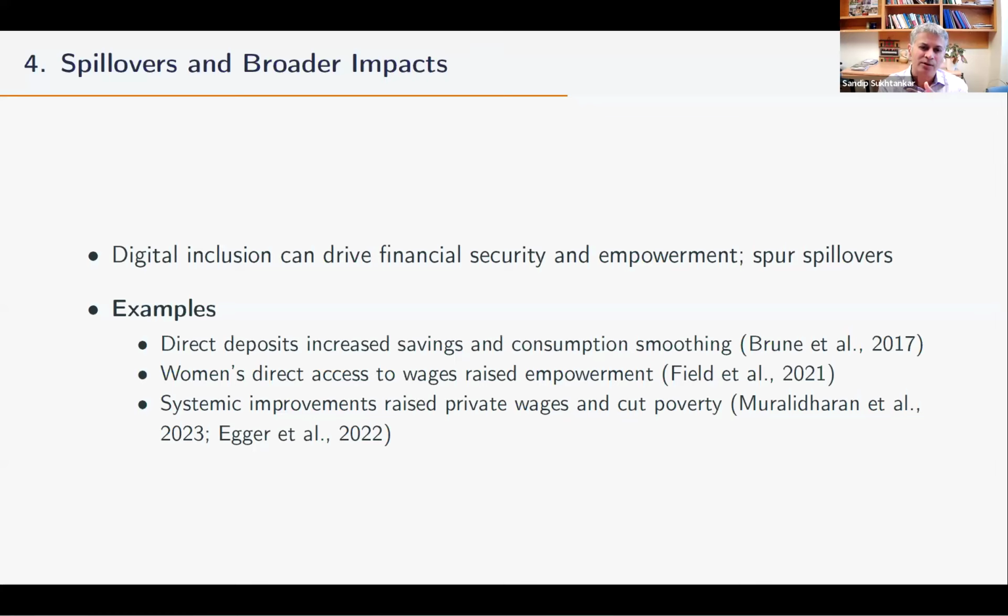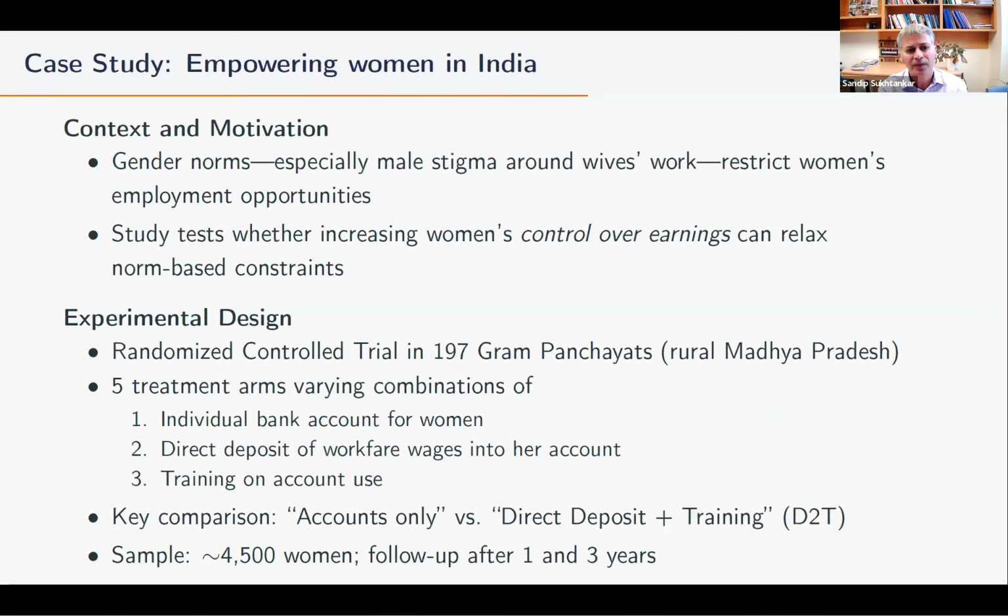So you can see increased precautionary savings, you can see increased consumption smoothing, you could potentially have general equilibrium effects. But really, if people are using these digital bank accounts, that could have spillovers onto other things like labor supply and women's empowerment. And so that's the case study here.